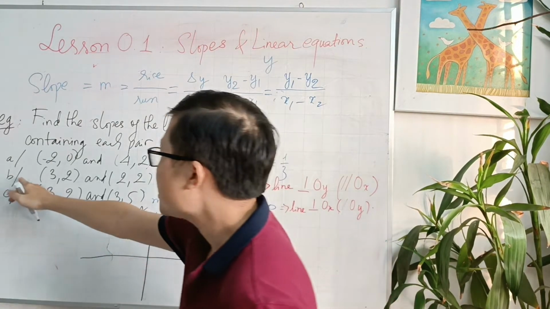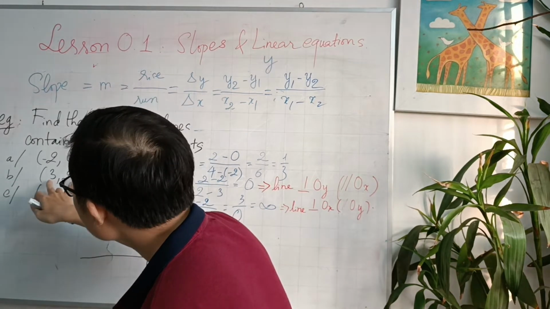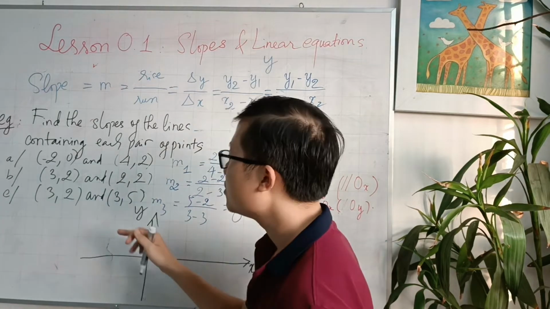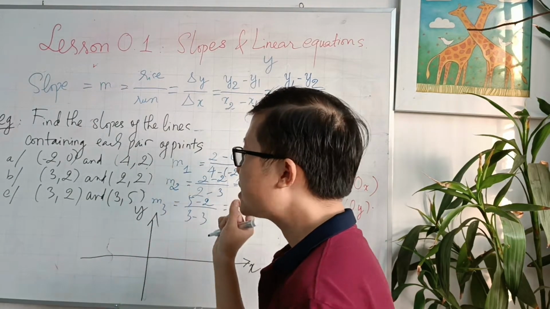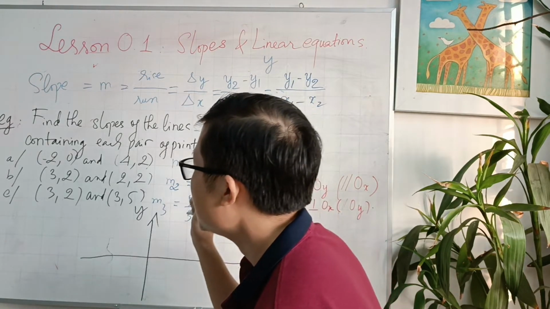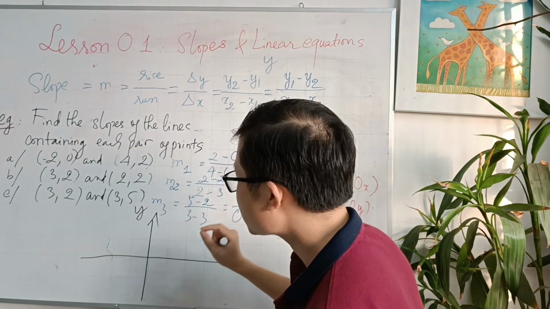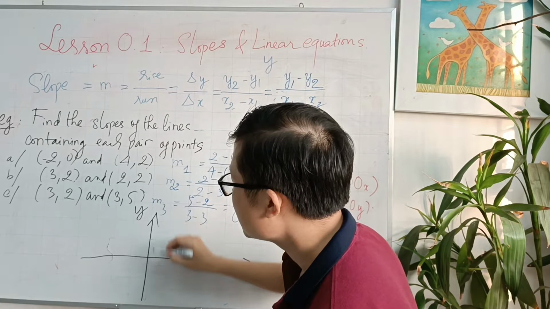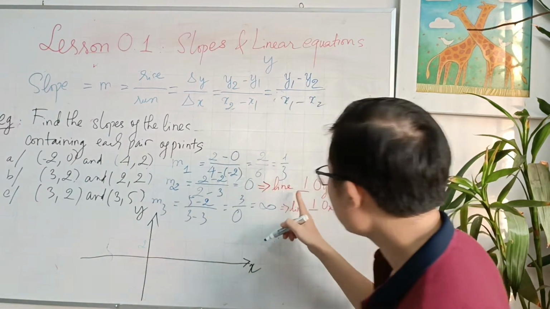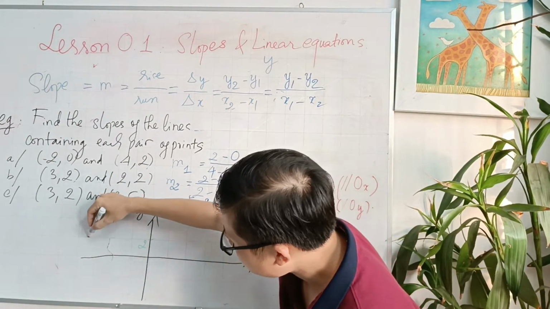So in the question, this line goes through the points (3, 2) and (2, 2). All the points that lie on this line have a y coordinate of 2. So we sketch the line going through the point (0, 2) here, which is parallel to the x-axis.